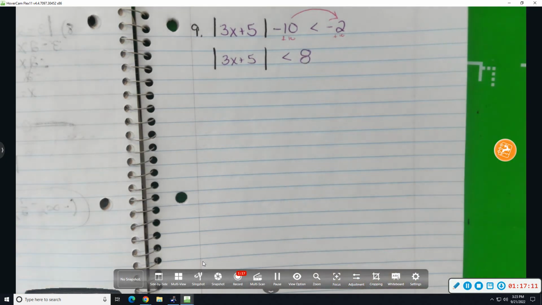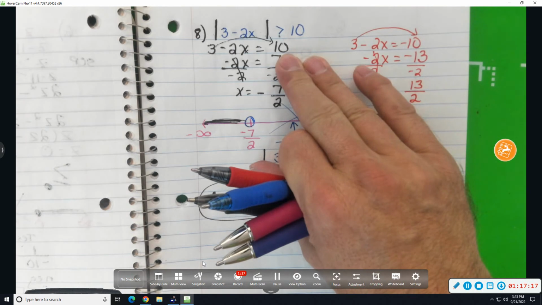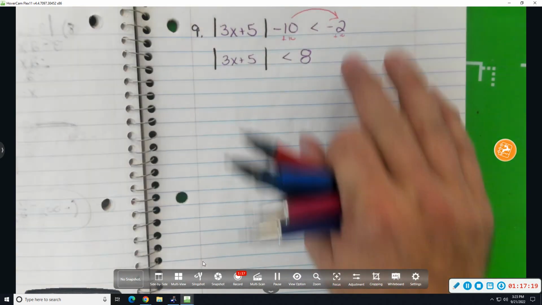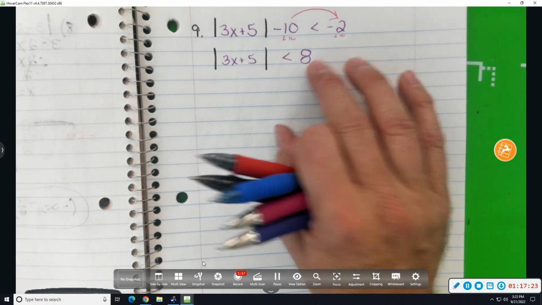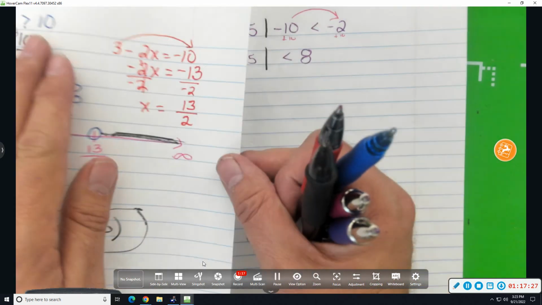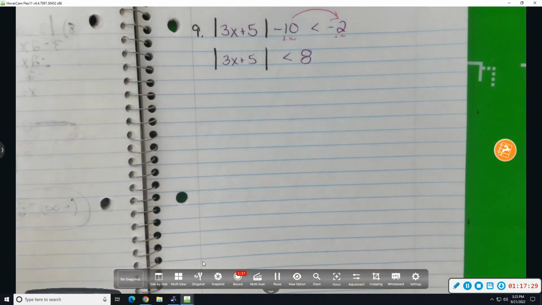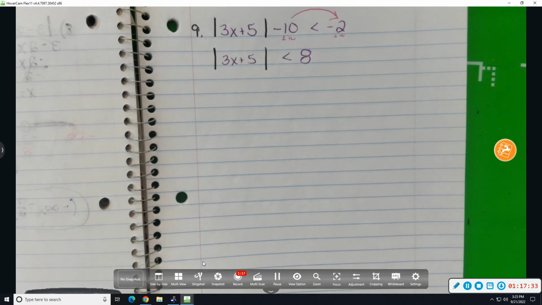The most basic problem-solving strategy: if you know how to do one type of problem, and you have a new one, make it look like the other one. I claim this one now looks like number 8. There's an absolute value bar, a number. Well, that number 8 had a greater than, number 9 had a less than. That's not going to affect or change how you go about it.